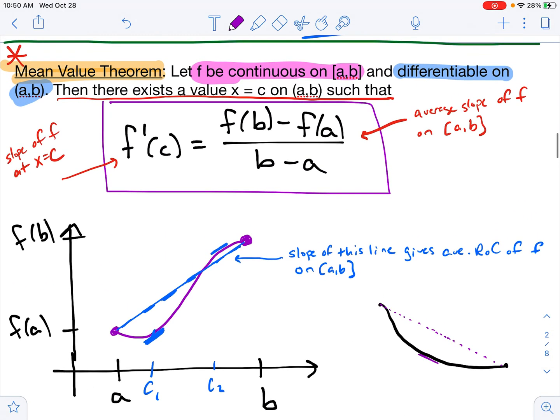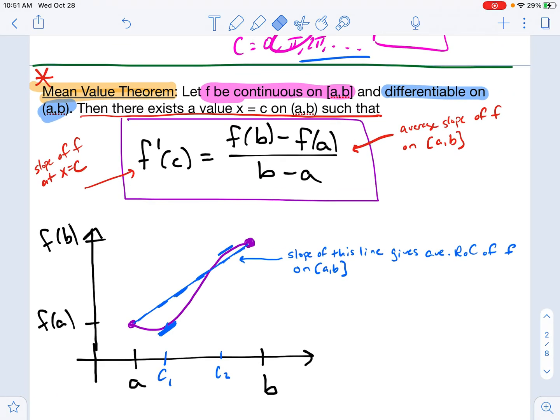That's why it's called the mean value theorem, the average slope value theorem, if you will. You can draw all sorts of functions and see, oh, there's a pretty crazy looking function, here's the average rate of change, and there's tons of points here where the slope is the same. So that's the gist. Usually what we're doing is looking for the x values we're calling c that give us that average rate of change of the function.